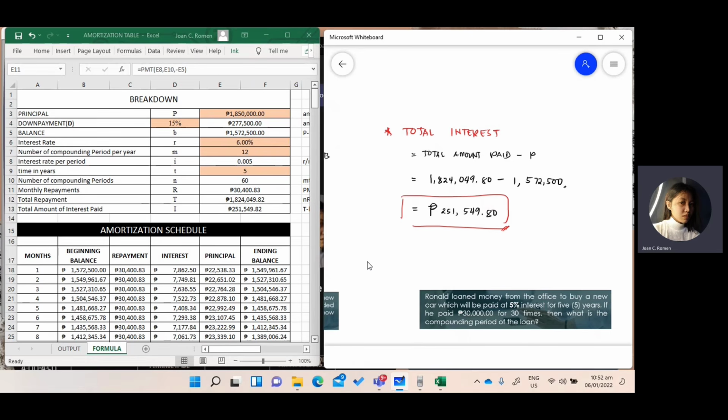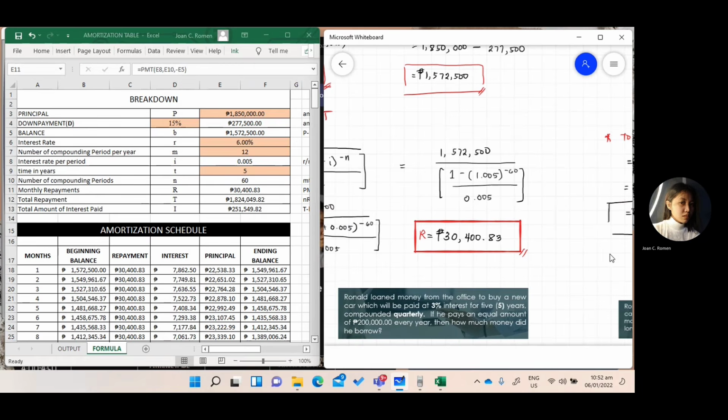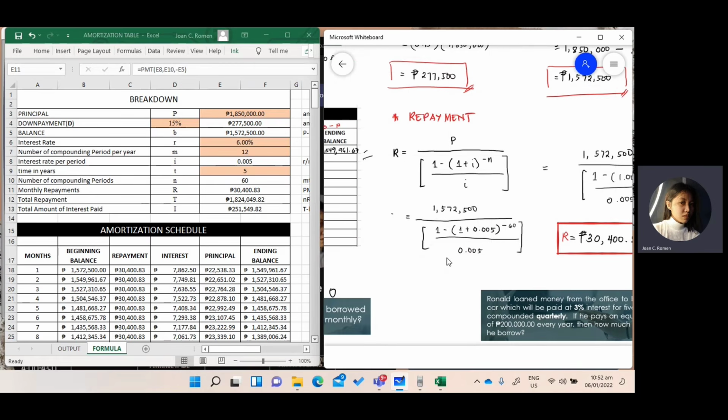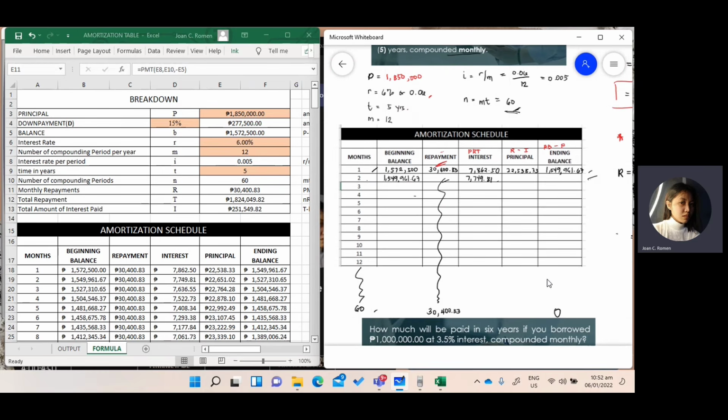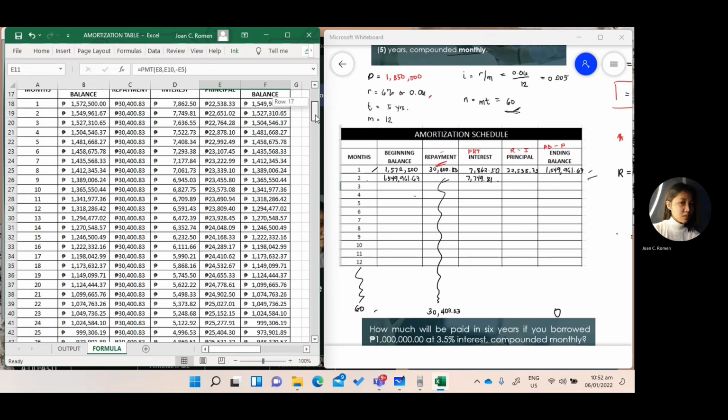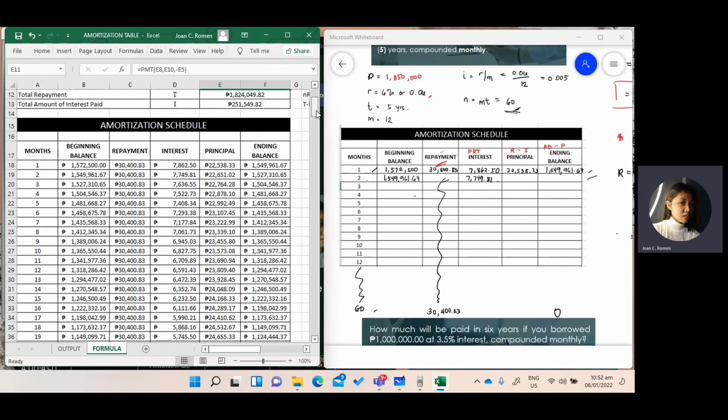Okay, so check natin yung amortization schedule. So, naipakita ko na kung paano siya kinuha manually. So, ito yung amortization schedule natin sa ating Excel. Okay, so yung beginning balance is 1,572,500 for the first month, and then yung sumunod na buwan ay 1,549,961.67, which is just the same lang naman.